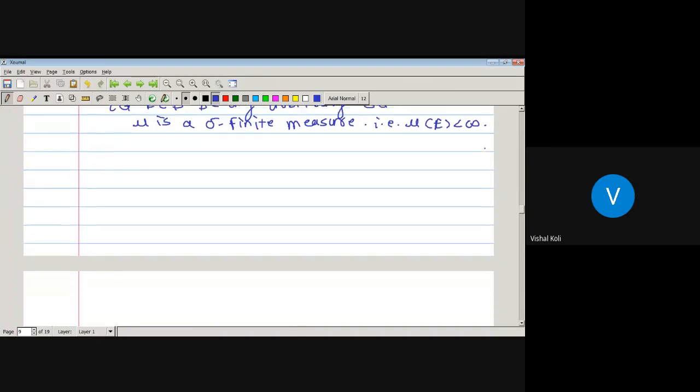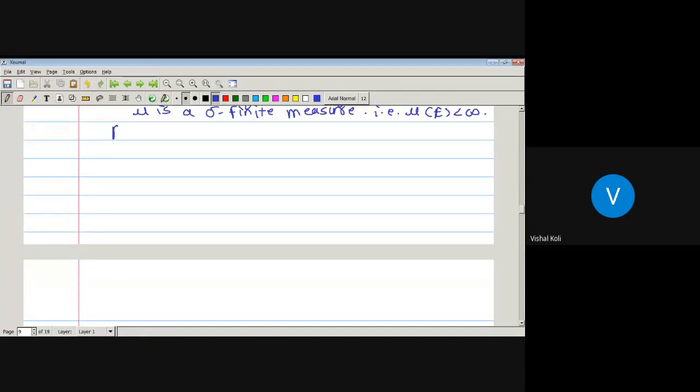So as the measure of E is finite, then for epsilon greater than 0, we can choose a large n such that 1 upon n times the measure of E is less than epsilon.